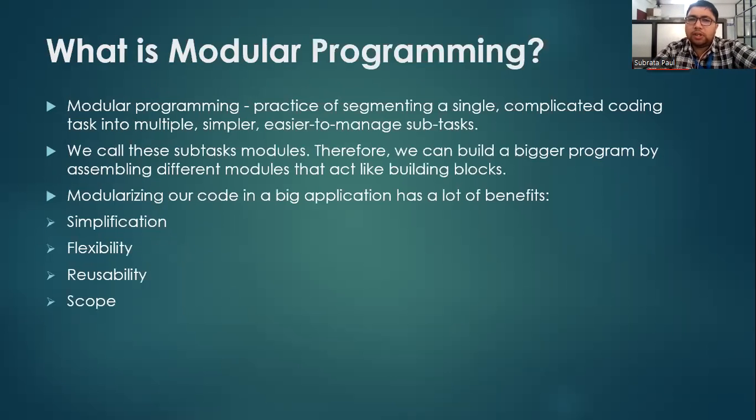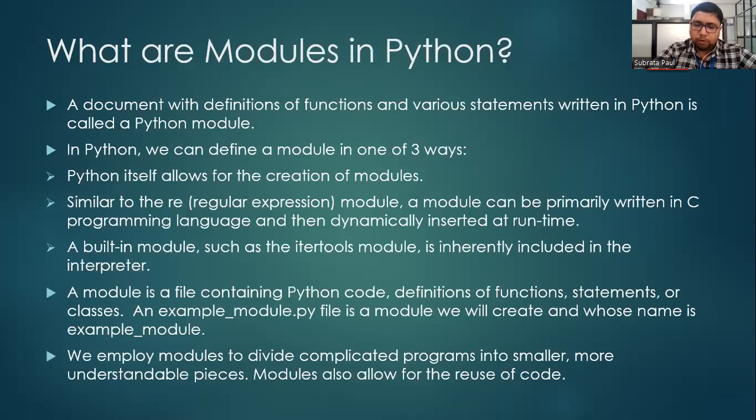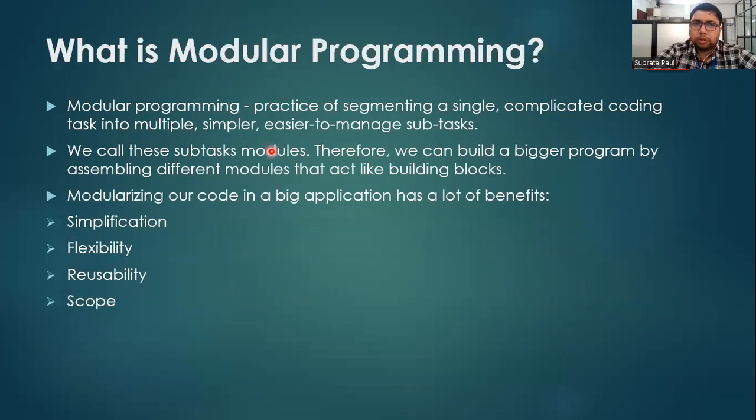Next, after the discussion on libraries, let us come to what modular programming is. Modular programming uses a document with the definitions of functions and various statements within a Python module. That means a program can be partitioned into different individual components, and this is called modularity. It helps us manage tasks on their own.